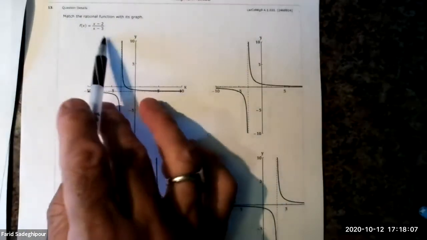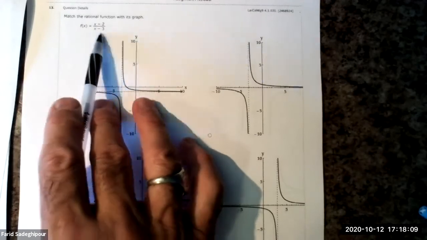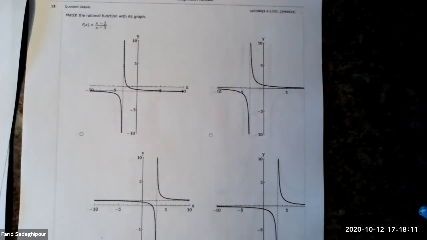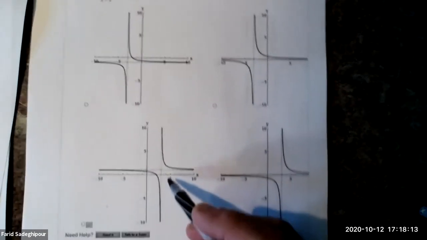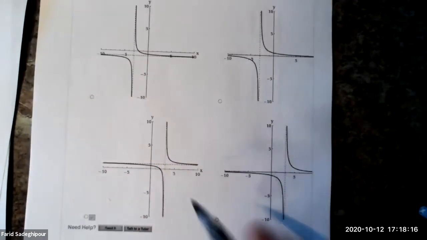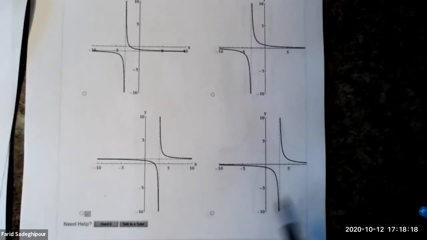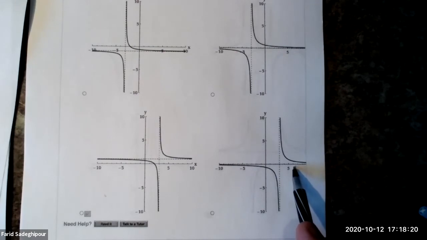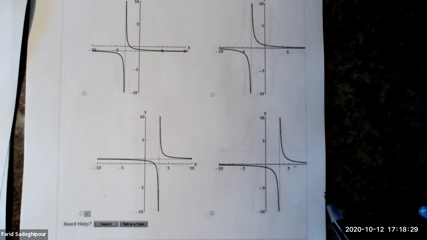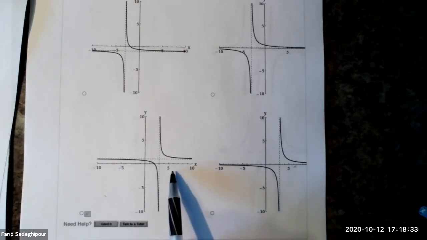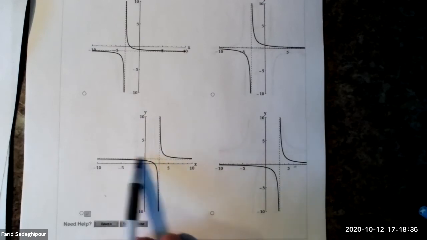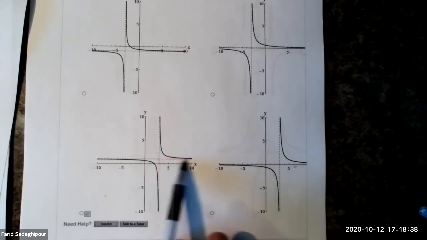What's the asymptote of this? Take the denominator, set equal to 0, x equal 3. This is also x equal 3. All right, but take a point and substitute. This one also has a horizontal asymptote too.